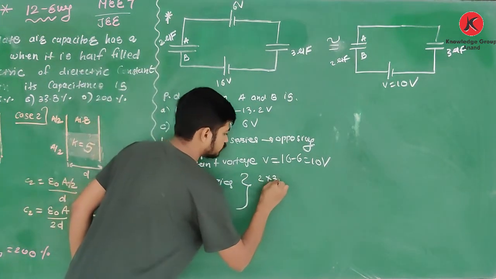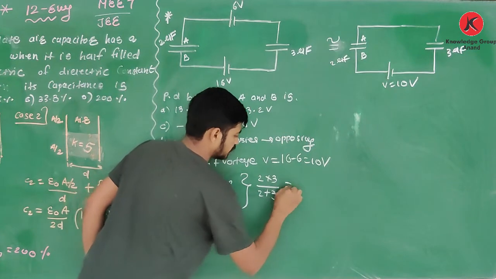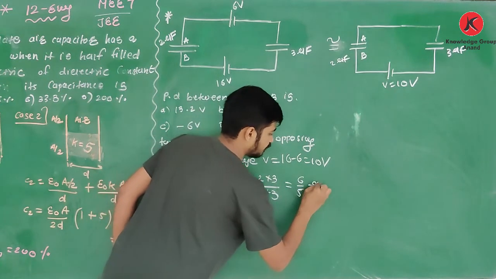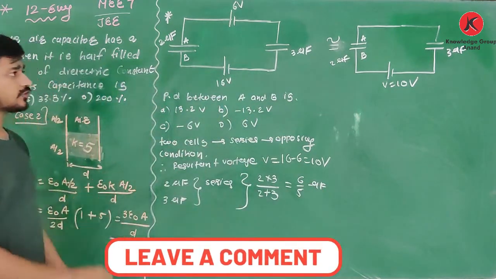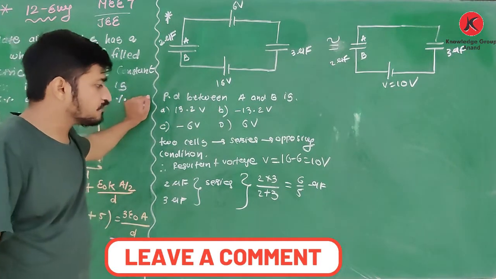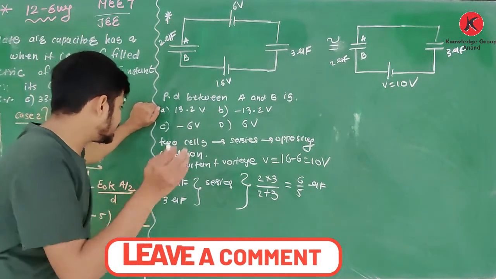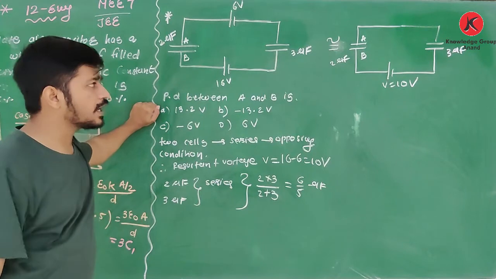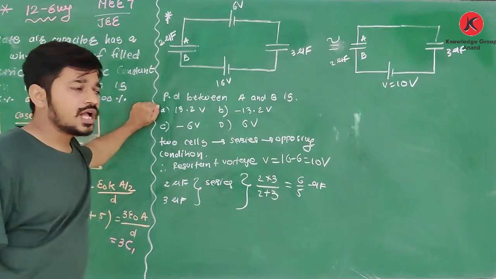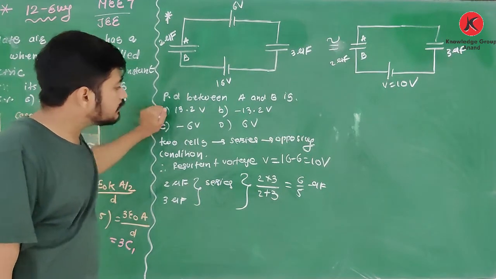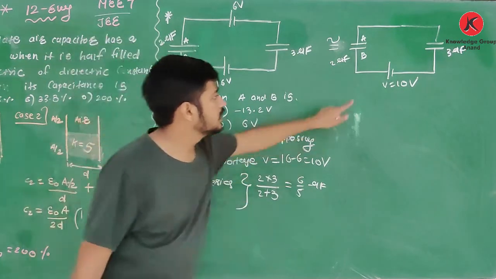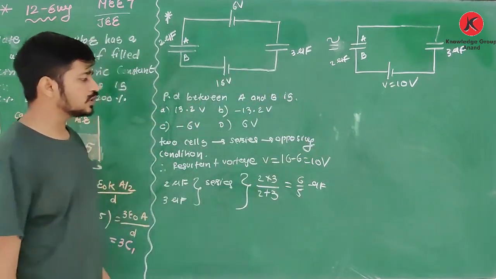It is 2 into 3 upon 2 plus 3, so it is 6 divided by 5 microfarad. Simple? Yes, it is simple. Clear? Now, this equivalent capacitance is connected to V equal to 10 volt.